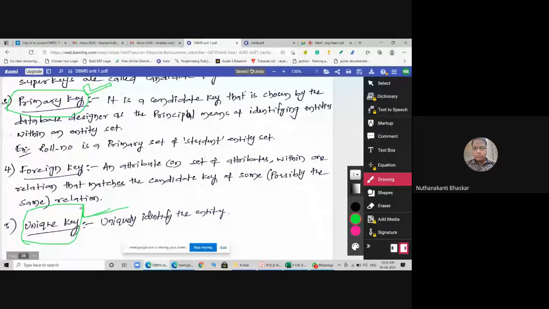But the unique key allows one null value, because that one null is also a unique value. After inserting the first null value, if we try to insert another null value, it doesn't allow it because the same data is already there. It never accepts redundancy. That is the difference between primary key and unique key. Clear this?